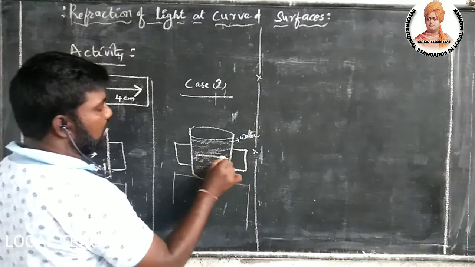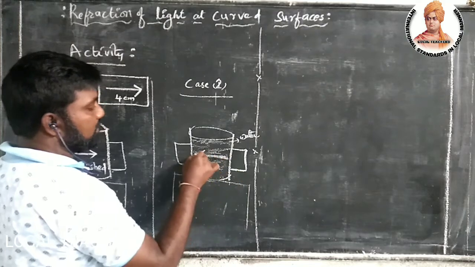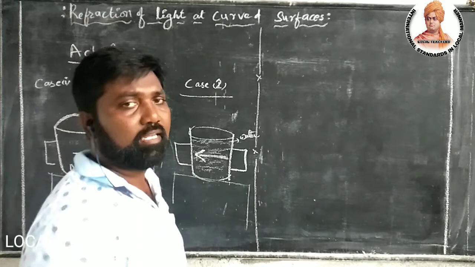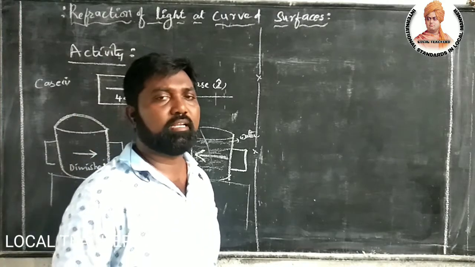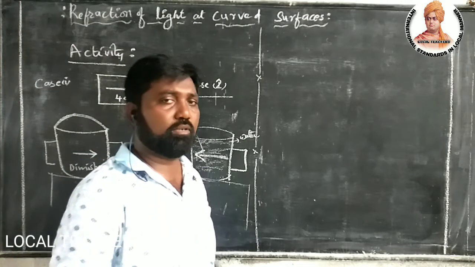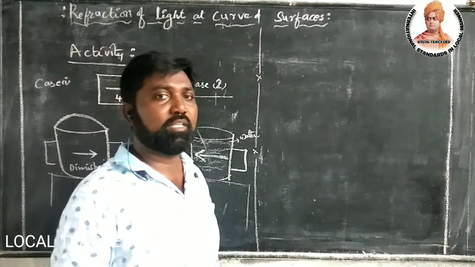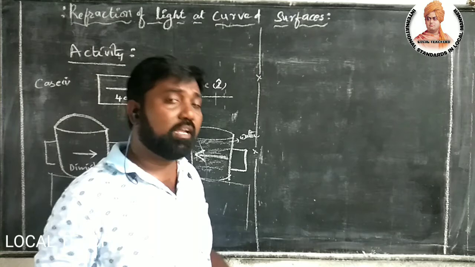So here the arrow size is enlarged, and it looks like an inverted image.